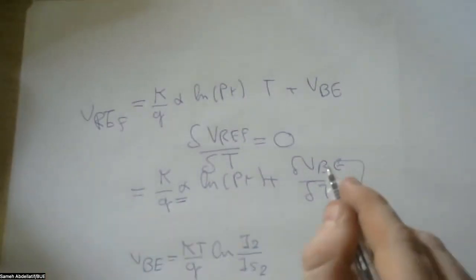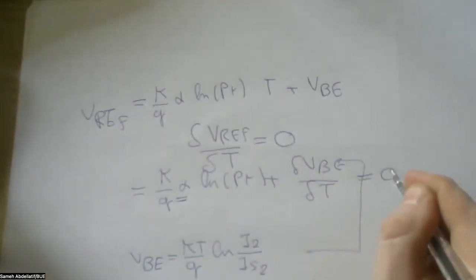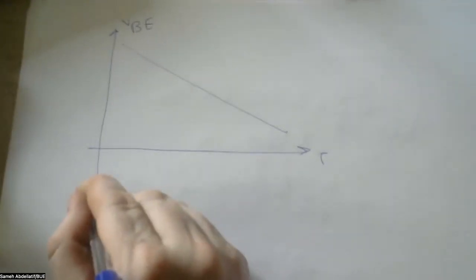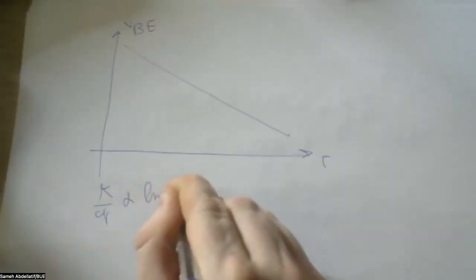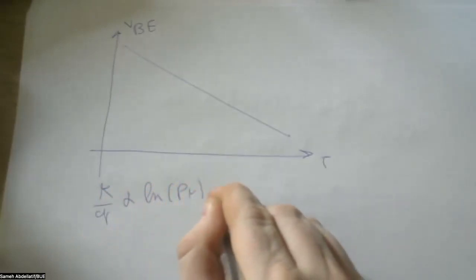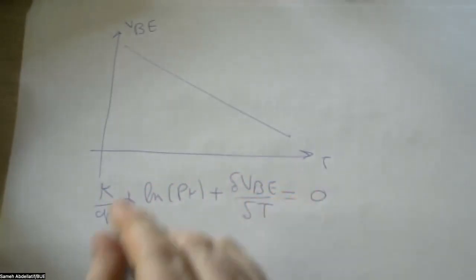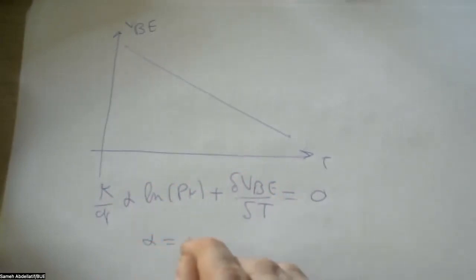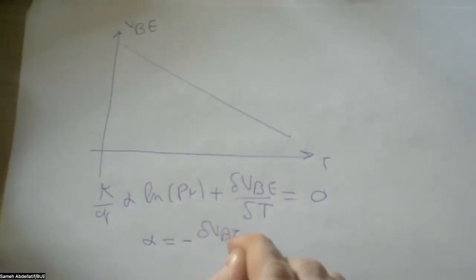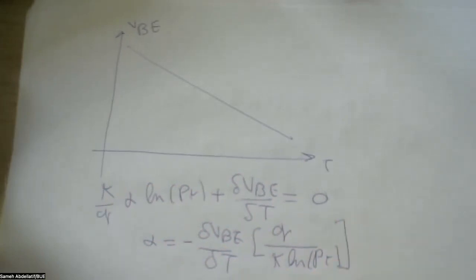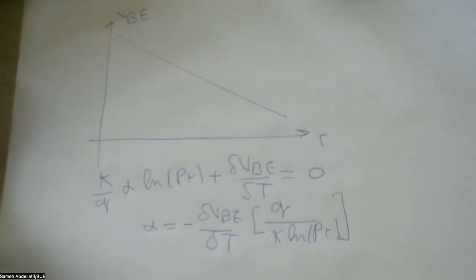But using this equation, in order to tend it to 0, K over Q alpha ln PR plus partial VBE by partial T can be equal to 0 if we manage to have alpha equal to minus partial VBE over partial T times Q over K ln PR.